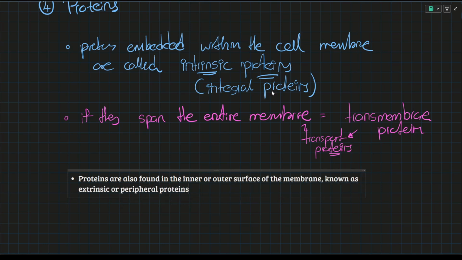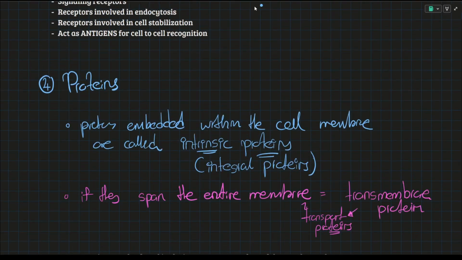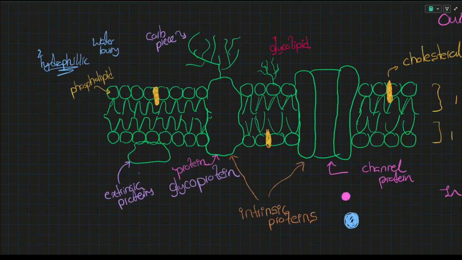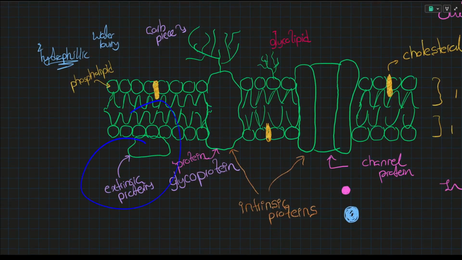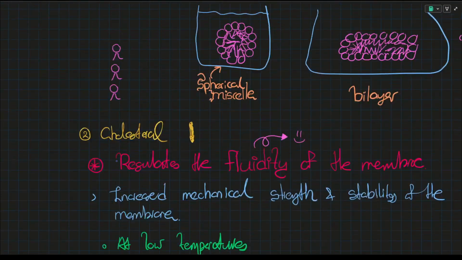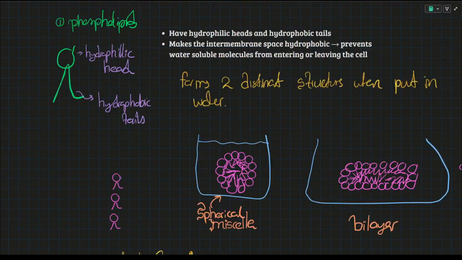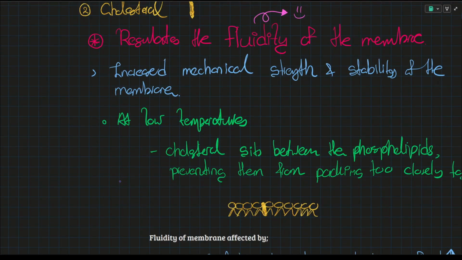Again, to clarify the statement, I shall go up and show you the extrinsic protein. Yeah, this guy. He's just outside. He's not spanning the cell membrane. He's just outside. Extrinsic, or sorry, extrinsic or peripheral protein.